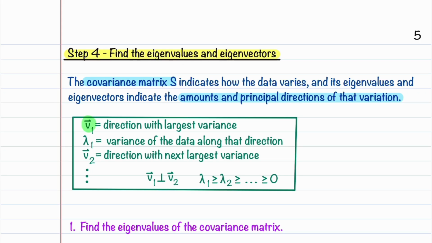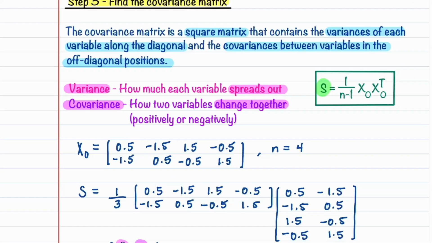Eigenvector V1 will be the direction with the largest variance, and its associated eigenvalue lambda1 will be the variance along that direction. Eigenvector V2 will be then the direction with the next largest variance, and this pattern continues for the other eigenvalues and eigenvectors. Since the covariance matrix is symmetric, let's go back and look at that matrix.